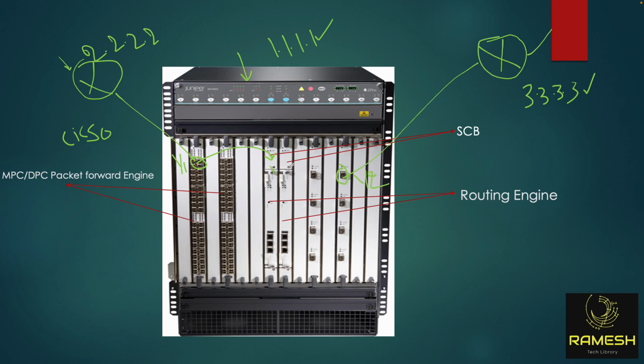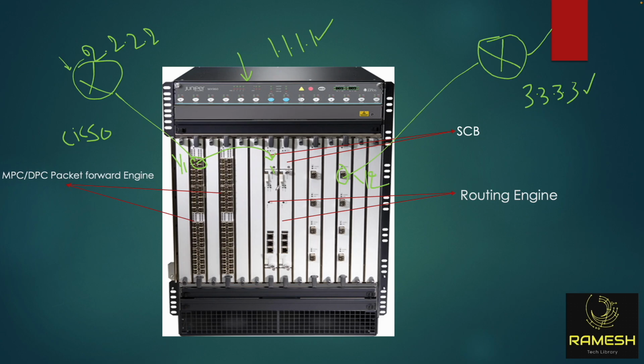If you configure a routing protocol and it builds a routing table, that is the control plane. The routing engine maintains the control plane and has the routing table, because you configure all routing protocols in the routing engine only, since the software is held here. You need to log in here and configure here, and then it will populate the routing tables.